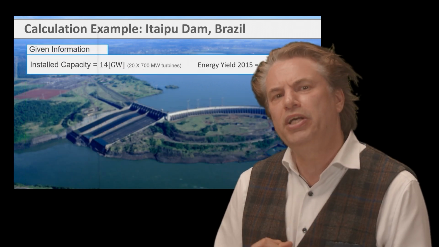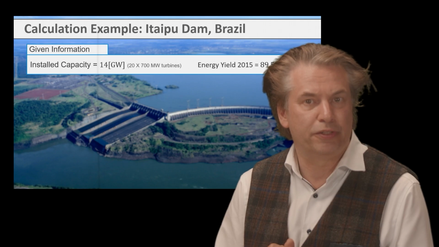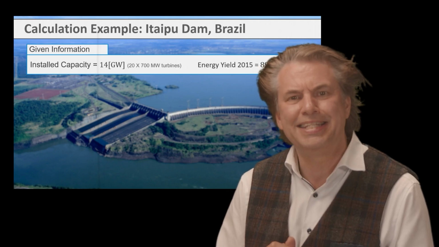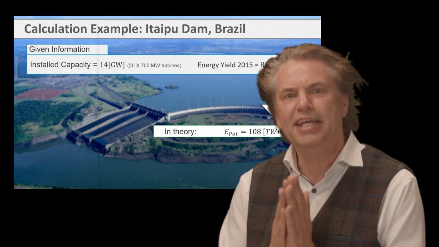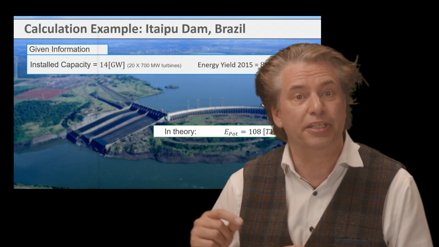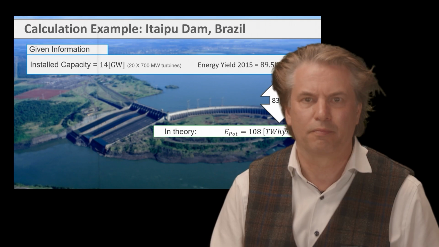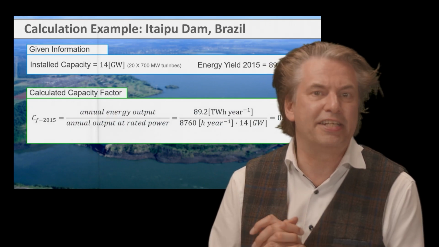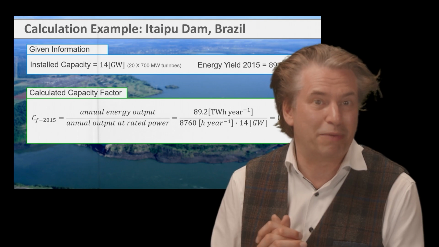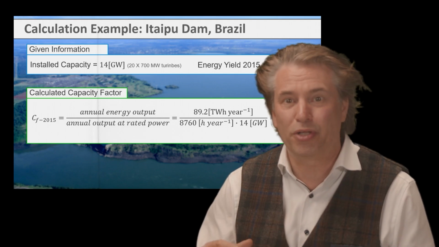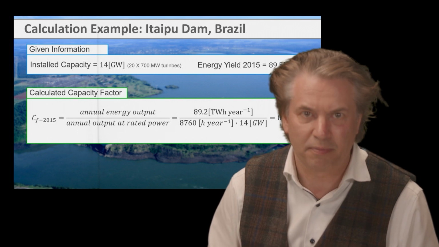Let's consider the real energy yield of the Itaipu Dam in the year of 2015, which is 89.5 terawatt hours. This is 83% of the theoretical yield value calculated a minute ago. If we divide the 89.5 terawatt hours by 14 gigawatt times the total hours in a year, we'll receive a capacity factor of 72%.